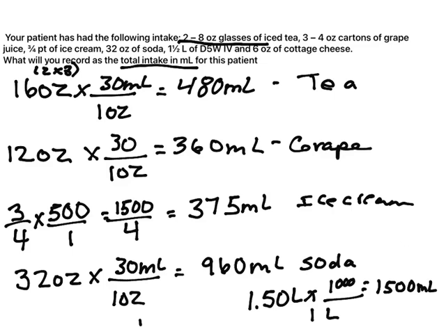We can add all what we need. So what are we going to be adding? We're going to add 480, 360, 375, 960, and 1,500. So again, 480 for the tea, 360 for the grape juice, 375 for the ice cream, 960 for the soda, and 1,500 for your IV fluids.